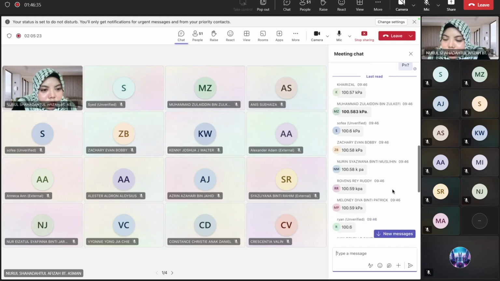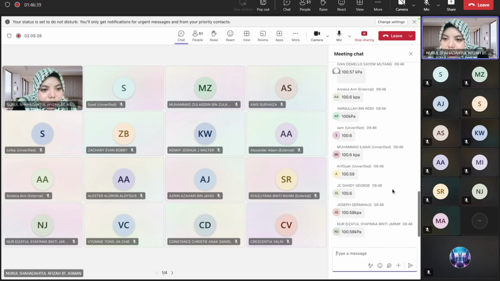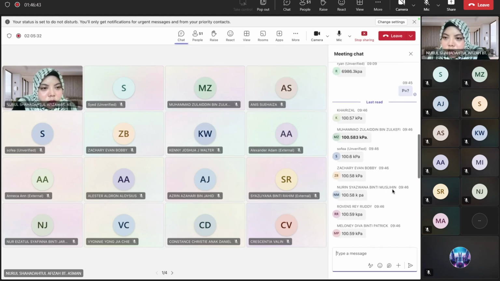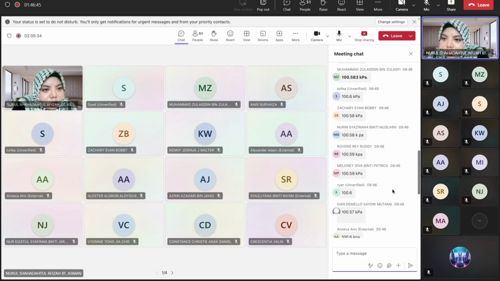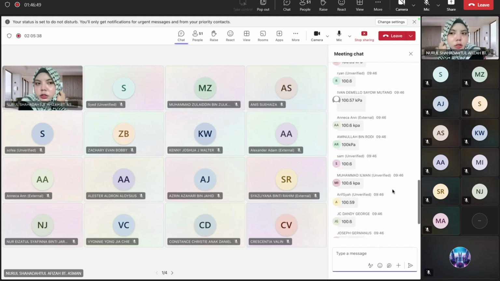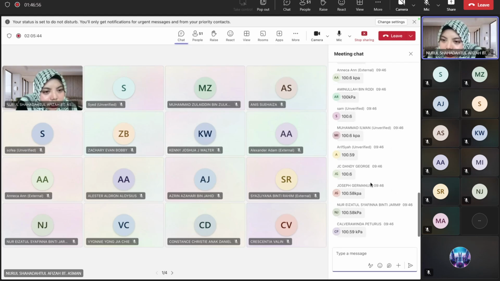Okay, good. So most of you get almost the same answer. So Sophia, Setcheri, Nurin, Robin, Melanie, Raina, Ivan, Mika, Aminullah, Sam, Ilman, Arif, Aisha, Jesse, Joseph, Izatu.